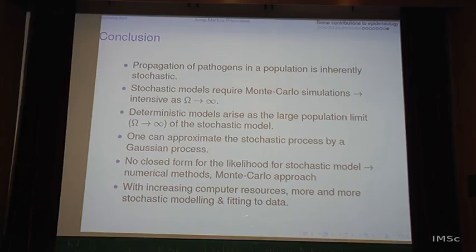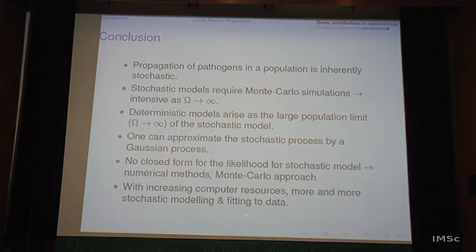The problem is that it's difficult to have identical results, so you need to simulate using Monte Carlo simulations, and that becomes computationally very intensive as the population size increases. So in situations with large populations, it is very relevant and good to use deterministic approximations.